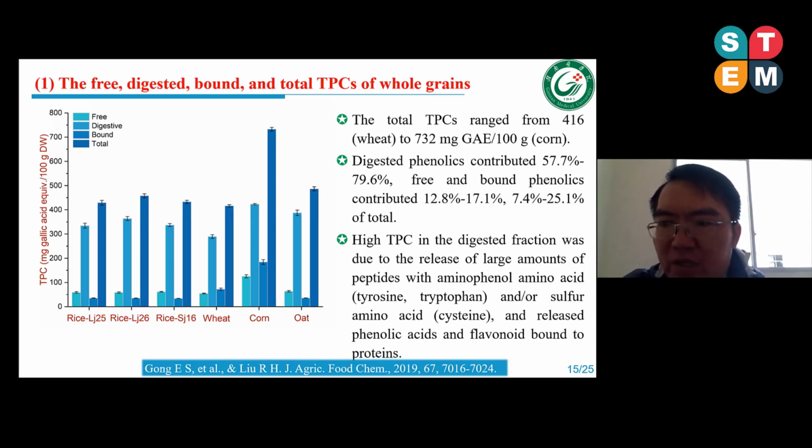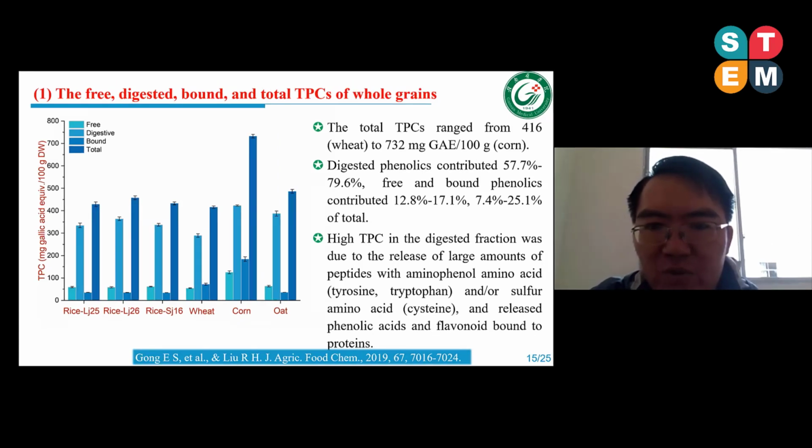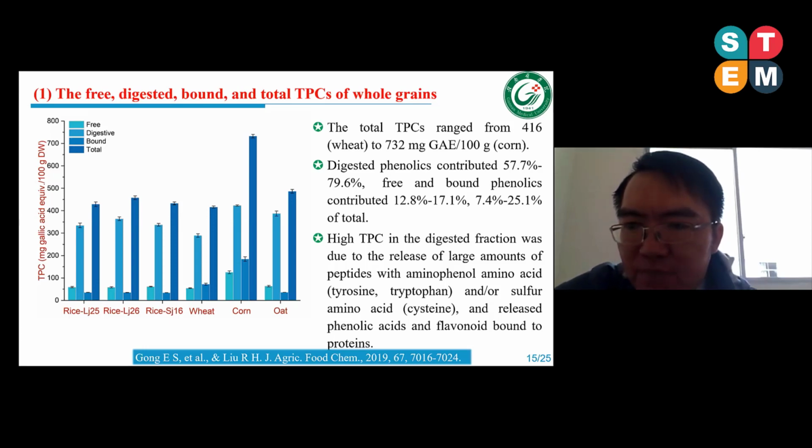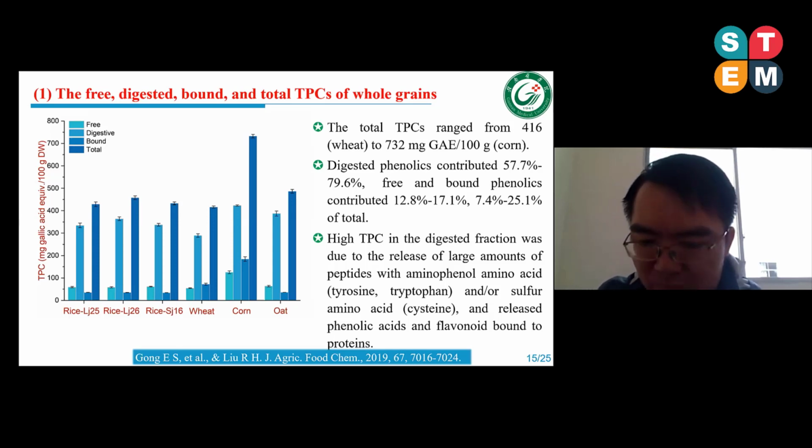The high TPC in the digested fraction was due to the release of large amounts of peptides with amino acids, including tyrosine, tryptophan, and the sulfur amino acid cysteine, and the release of phenolic acids and flavonoids bound to protein.